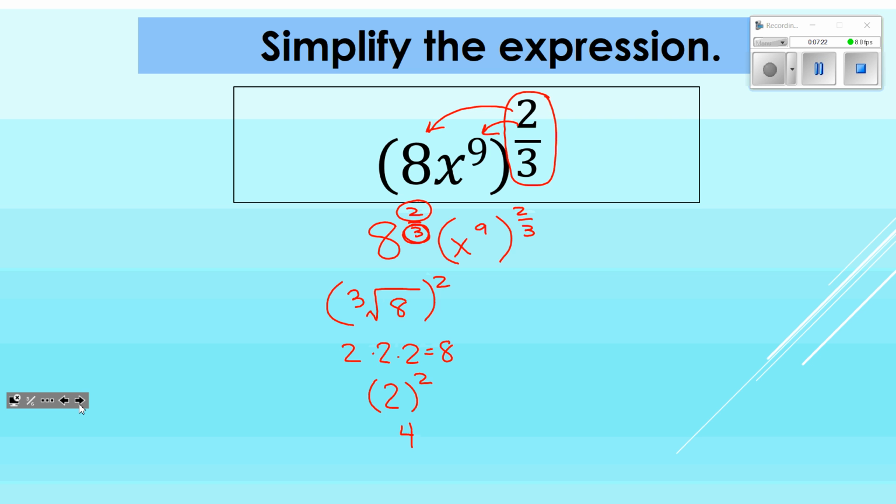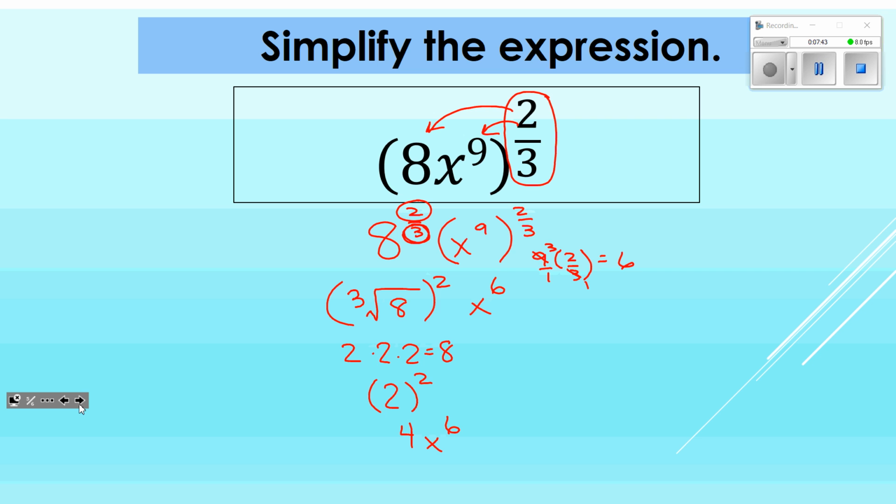Let's look at the next one. When we have an exponent raised to an exponent, we actually multiply them. So we have 9 times 2/3. We can do our cross canceling, and we would find that that would be 6. So we have x raised to the 6th power. And we just bring that down because it's simplified.